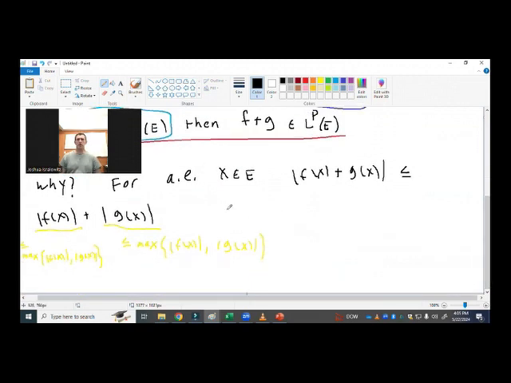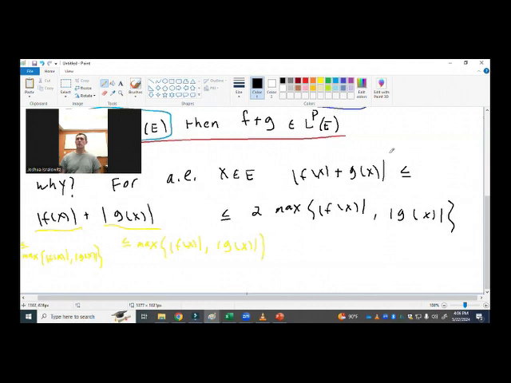That's really the only point of this inequality. So these two are less than or equal to the same thing, and we're adding two of them. So this is less than or equal to 2 times the max of the absolute value of f of x and the absolute value of g of x. This allows me to raise both sides to the p.